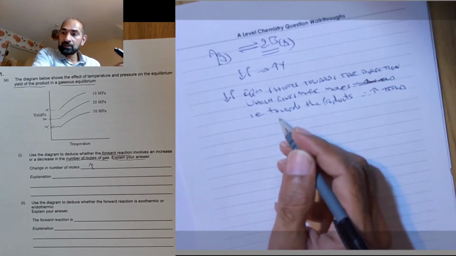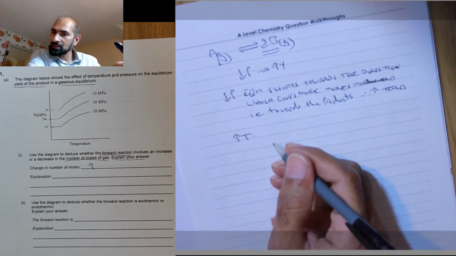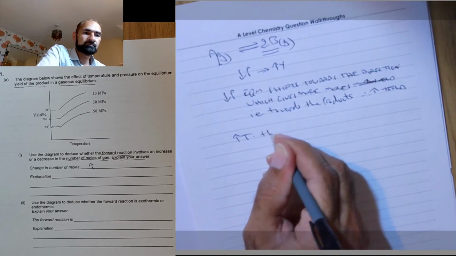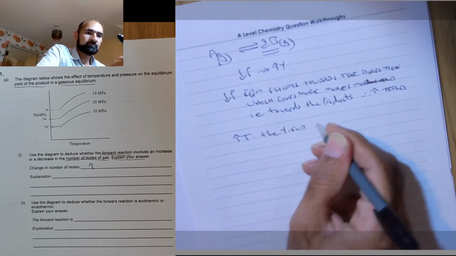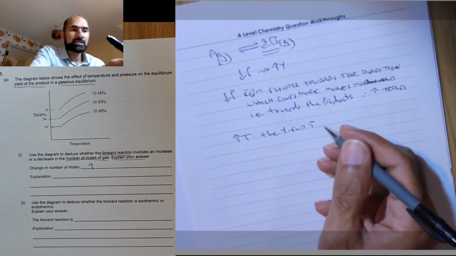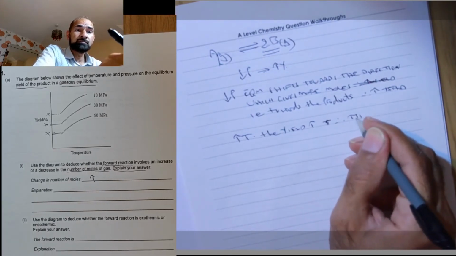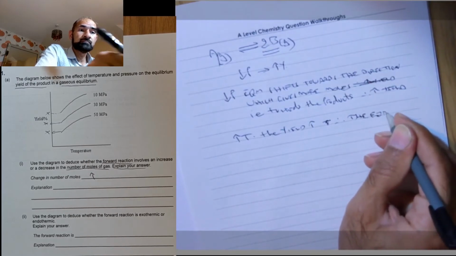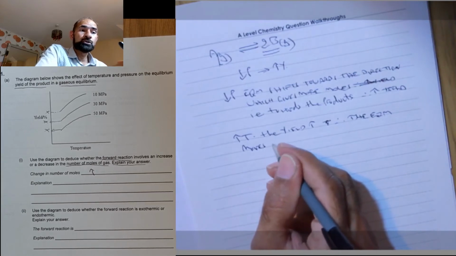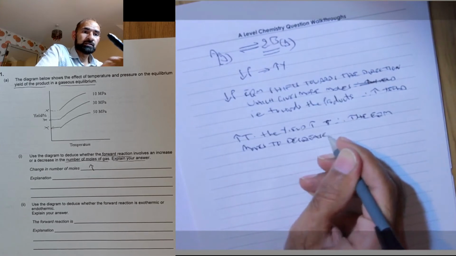So as I'm increasing the temperature, the yield increases. Yield increases meaning the products increase. Therefore, the equilibrium moves to decrease the temperature.